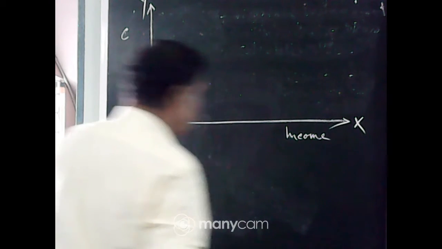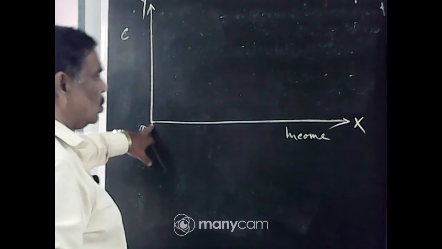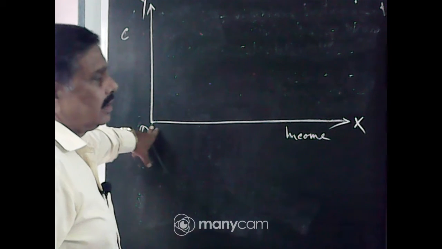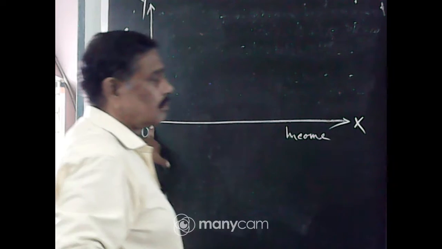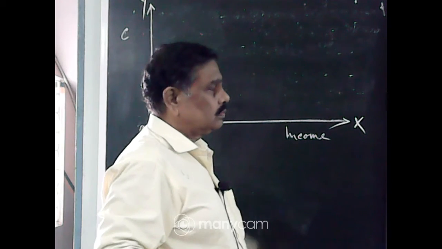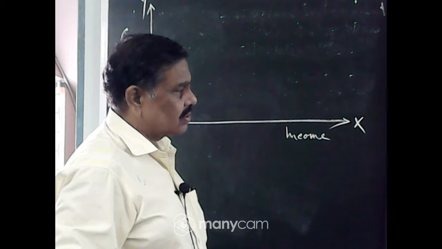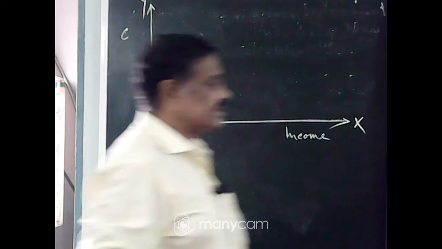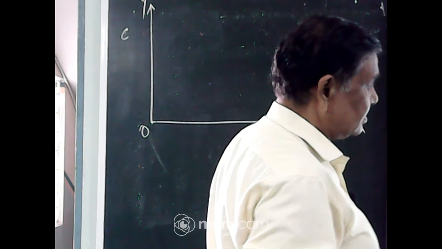You know, Jyotirmoy, if income is 0, will C be 0 or not? Answer me in order to understand.